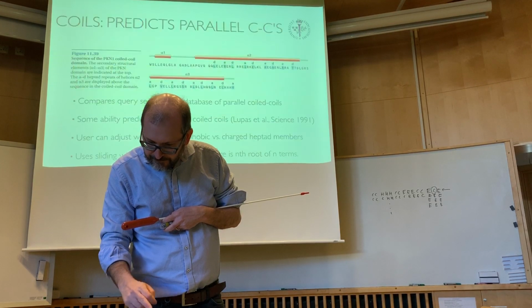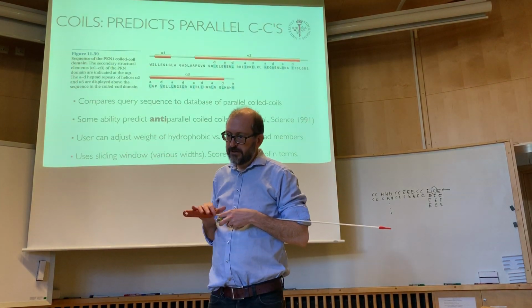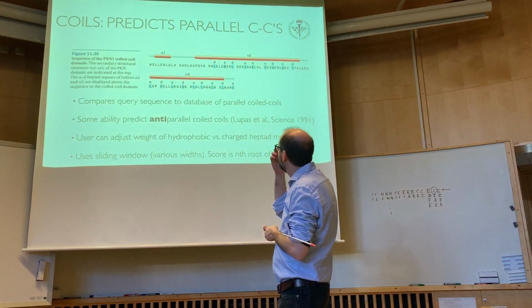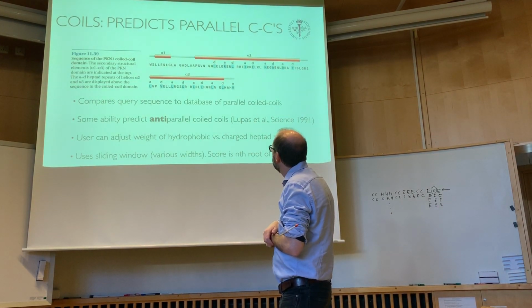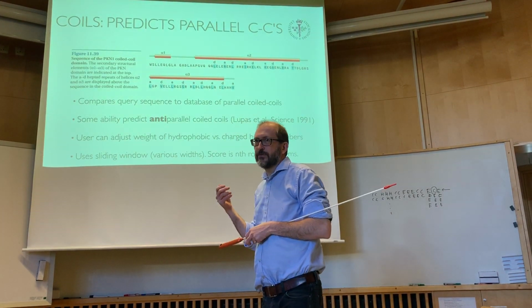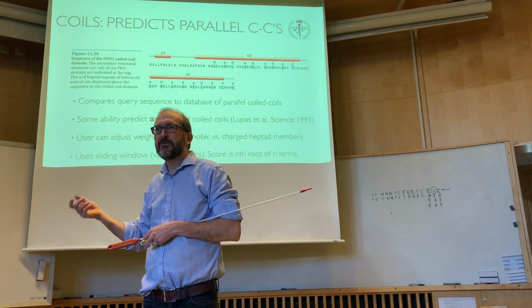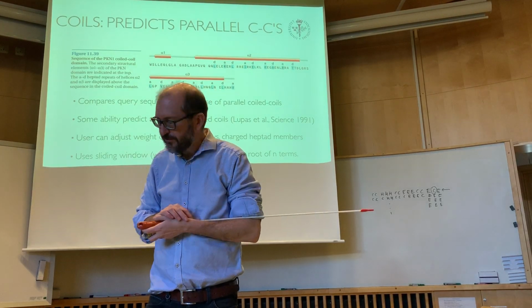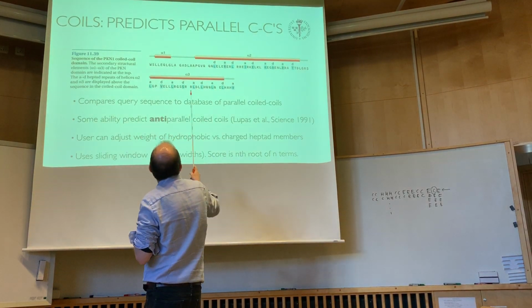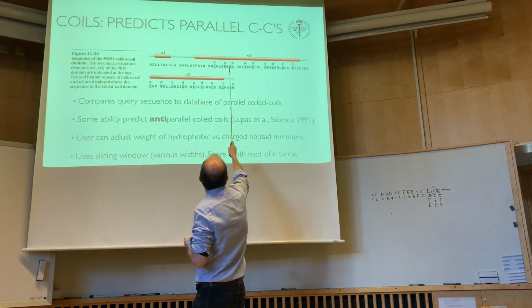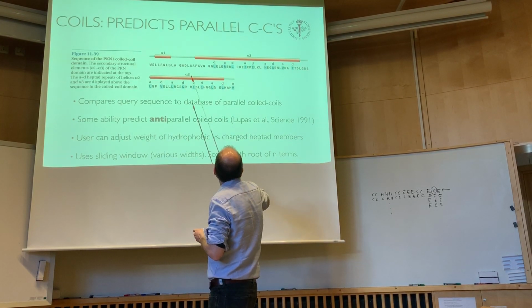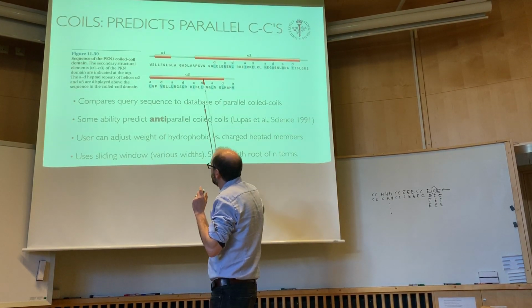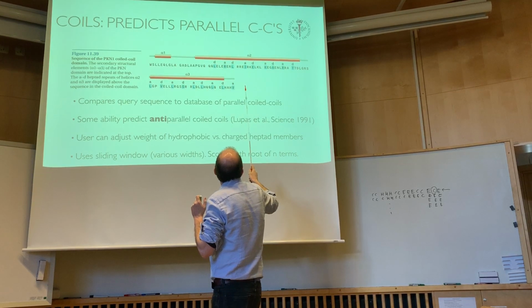Okay. So there's a program called Coils. And what it does is it looks for things that look like they're following this 7 residue pattern, right? So it says, okay, I'll scan and look for things that look like, what do we say, A and D are hydrophobic.